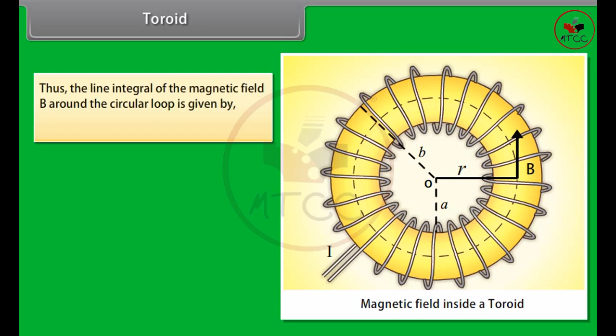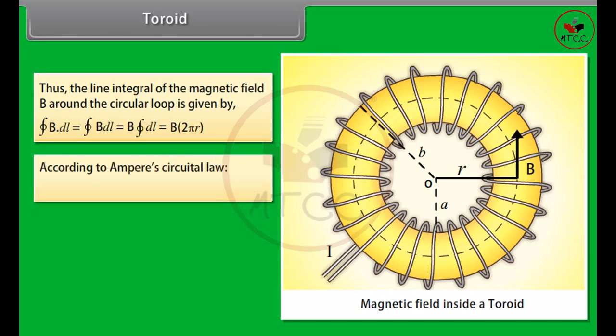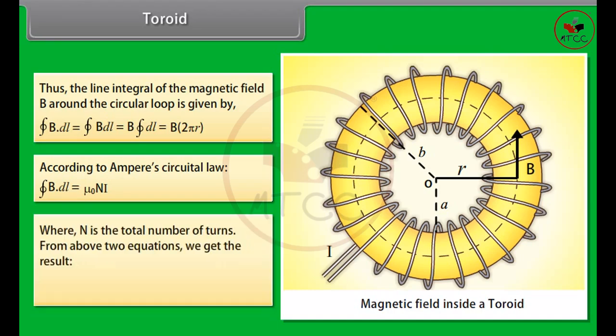Thus, the line integral of the magnetic field B around the circular loop is given by the product of B and 2 pi r. According to Ampere's circuital law, closed integral of B dot dl is equal to mu naught NI, where N is the total number of turns.